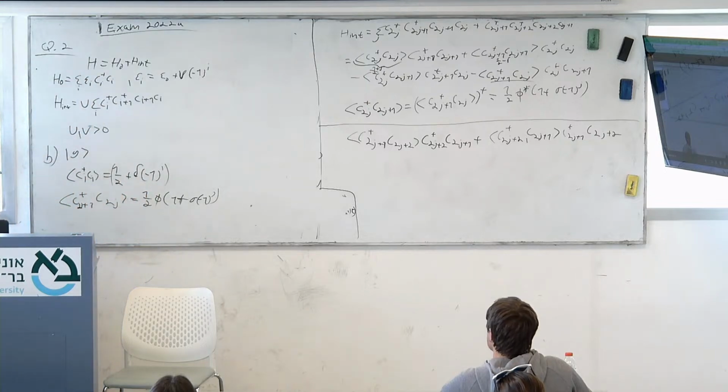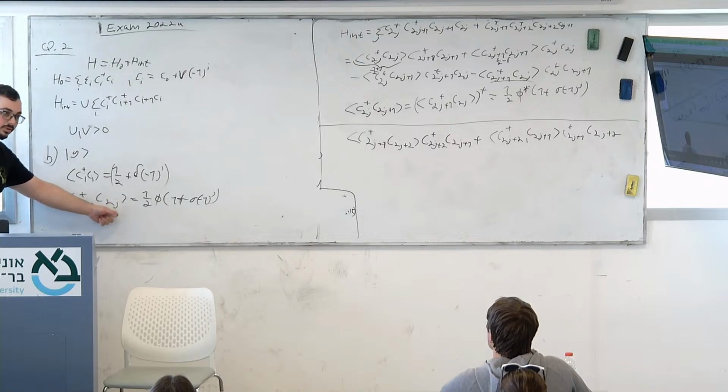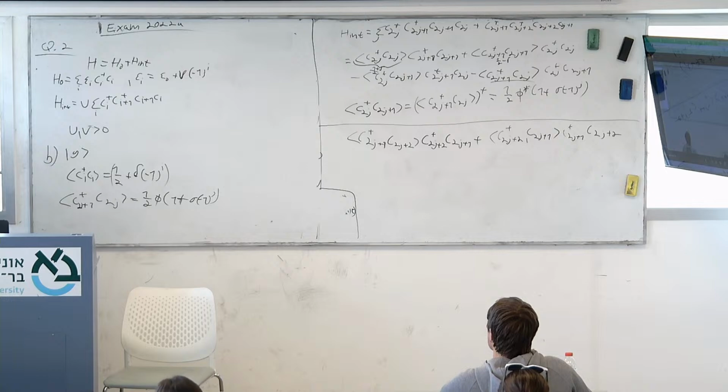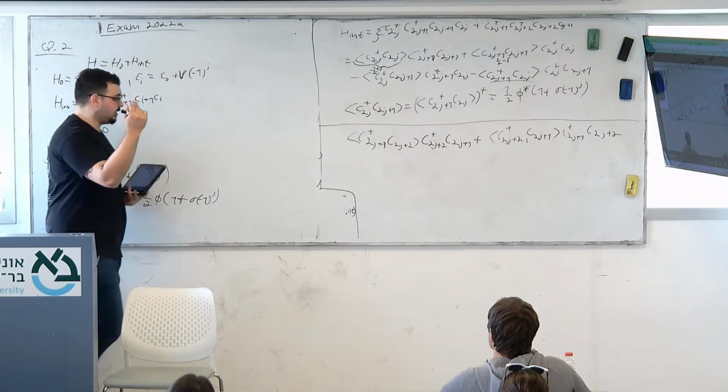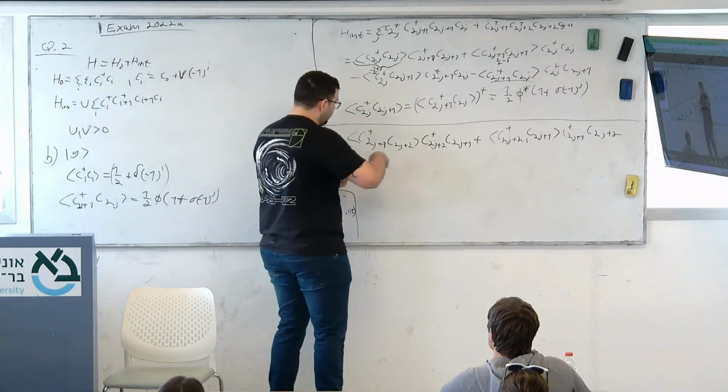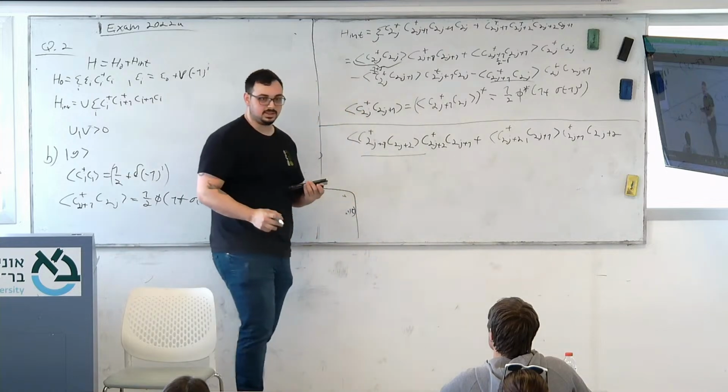My guess is that Efrat meant to say that it doesn't matter if there's a +2 here or not, but this is something that I would ask Efrat during the test. I didn't find some way to manipulate it to calculate this expectation value.